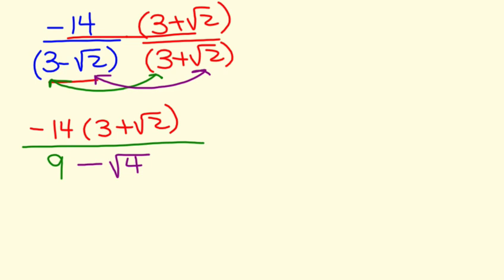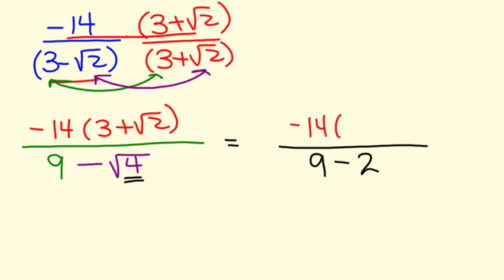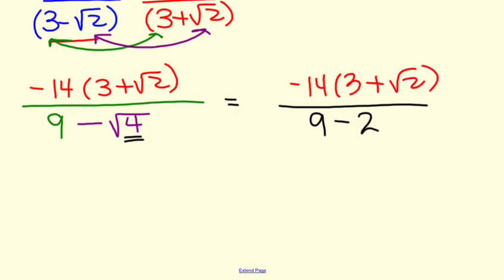Now let's see what can cancel. In that denominator, square root of 4 is 2. And then I have a negative 4 times 3 plus square root of 2, multiply. I'm not multiplying that numerator through on purpose. All right, so I'm leaving that numerator alone again one more time.